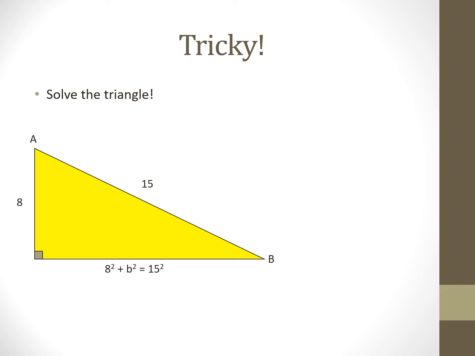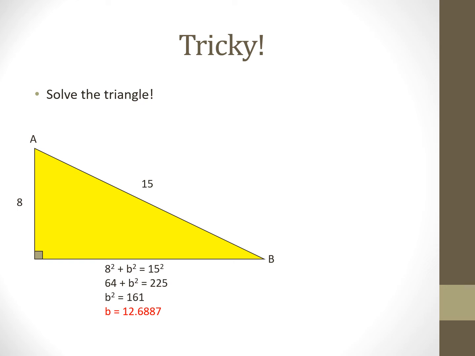So here it is, the Pythagorean theorem. 15 squared minus 8 squared, subtract the 64, square root, you should get about 12.6887. So you don't always have to use trigonometry. You can still use Pythagorean theorem if you can.